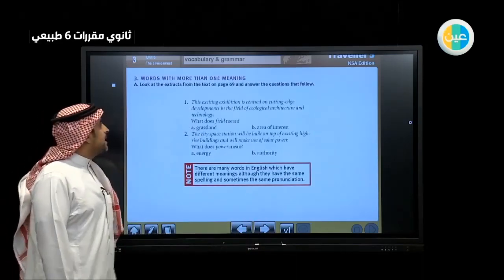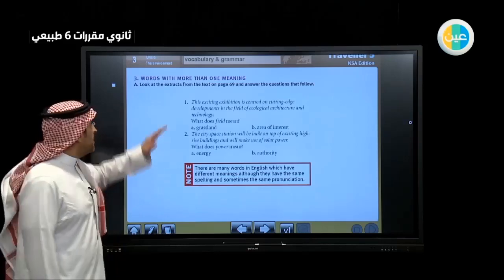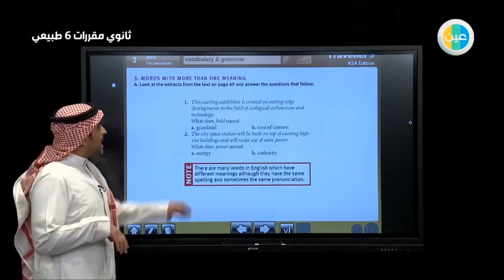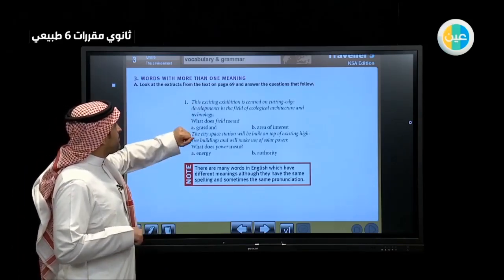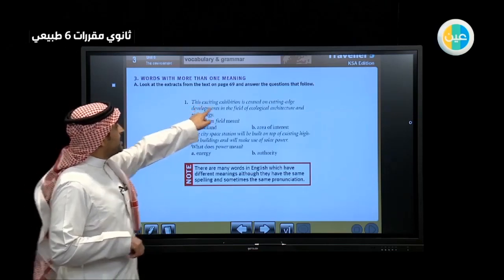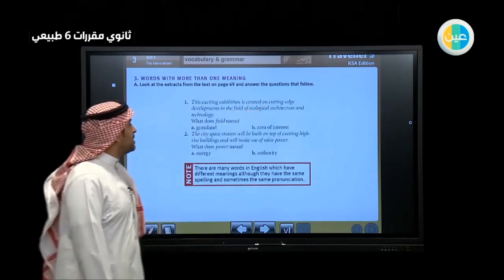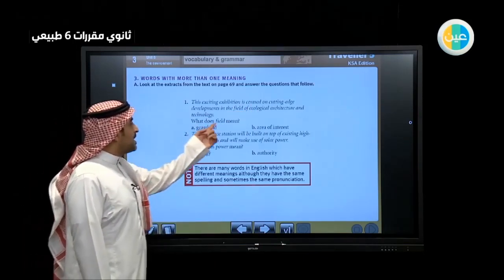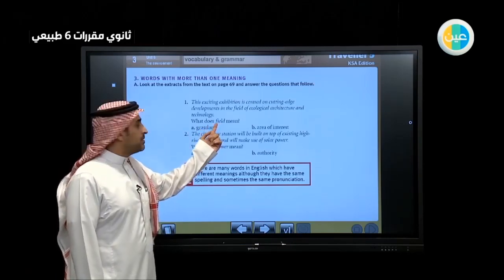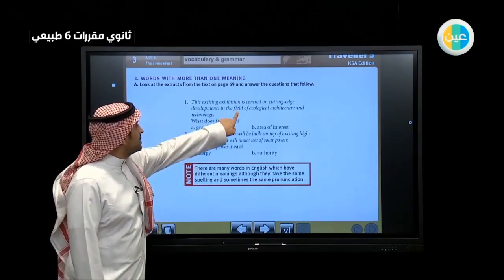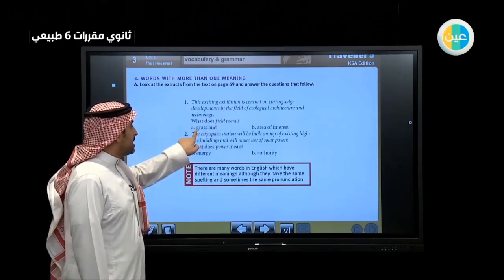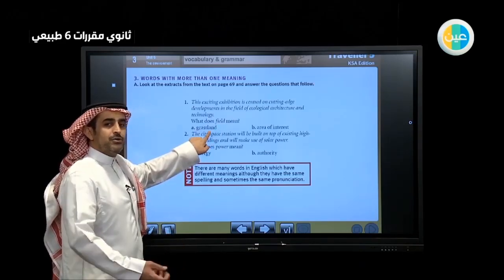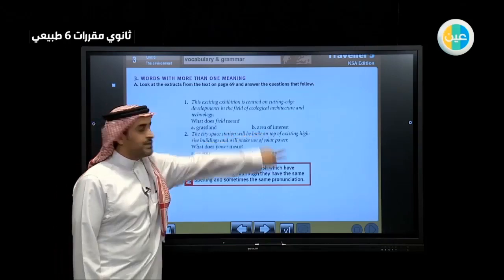After that, the last part in the vocabulary: words with more than one meaning. Let's look at these examples. This exciting exhibition is centered on cutting-edge development in the field of ecological architecture and technology. What does field mean here? Is it grassland where you can grow plants, or an area of interest?